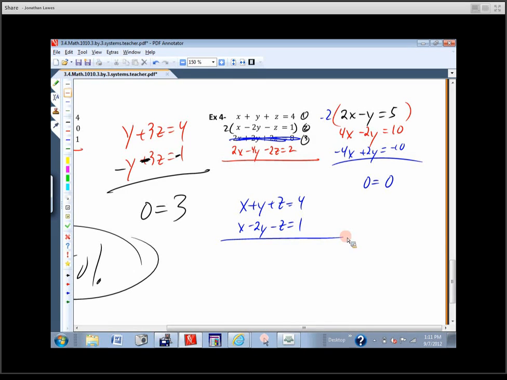Okay? So if I were to solve this equation, I can just put those together, right? I get 2x minus y equals 5.